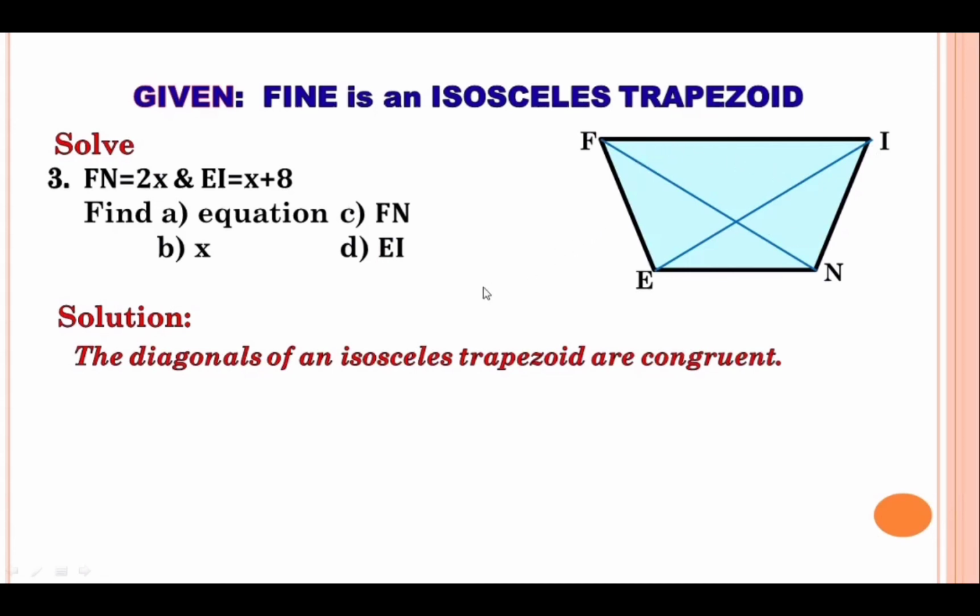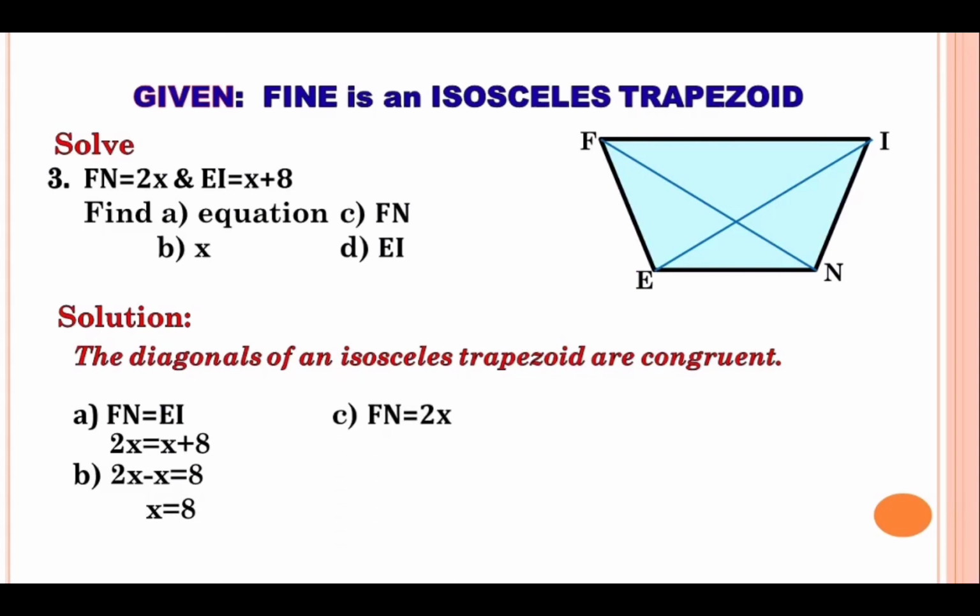So in an isosceles trapezoid, the diagonals are congruent. Therefore, for our equation, we have FN equals EI. 2x equals x plus 8. Solving for x, we have 2x minus x equals 8. Therefore, x is equal to 8.